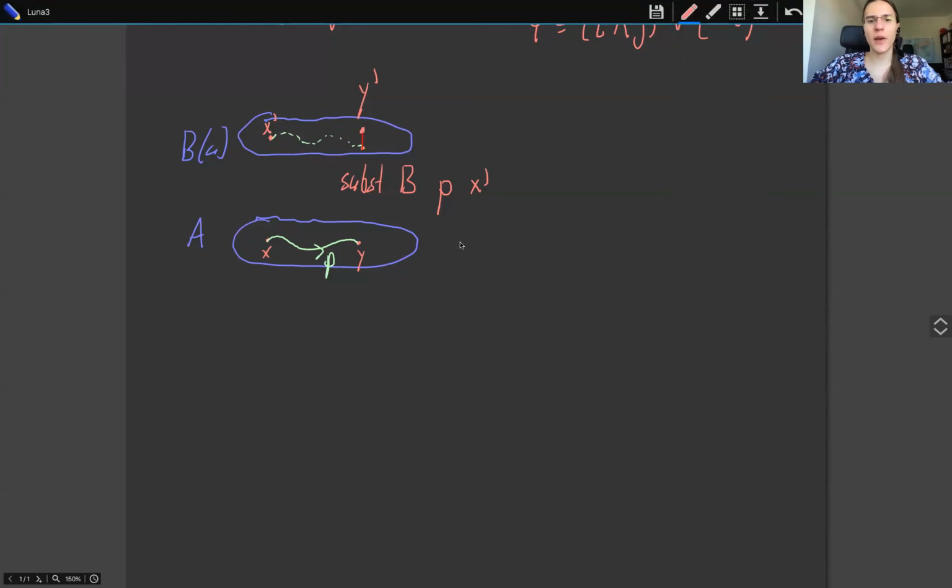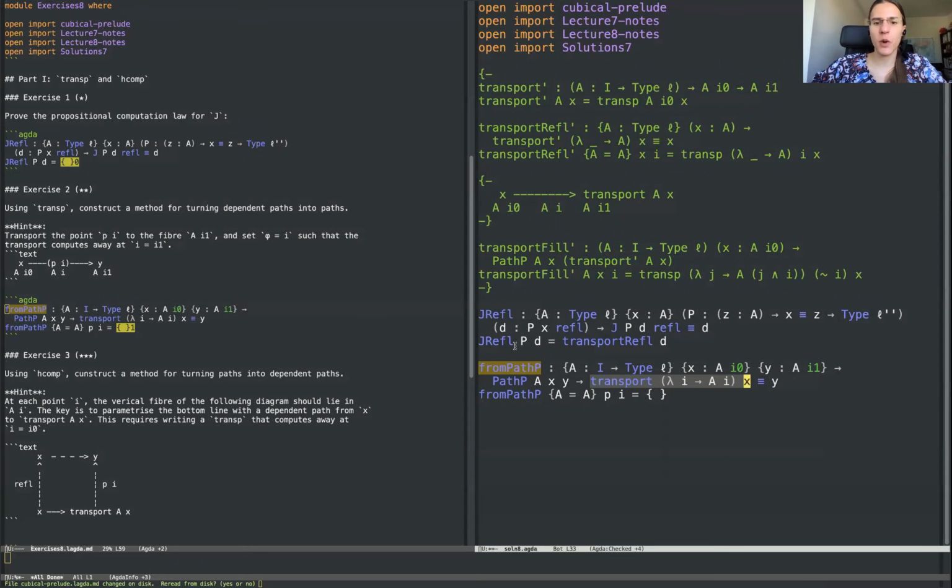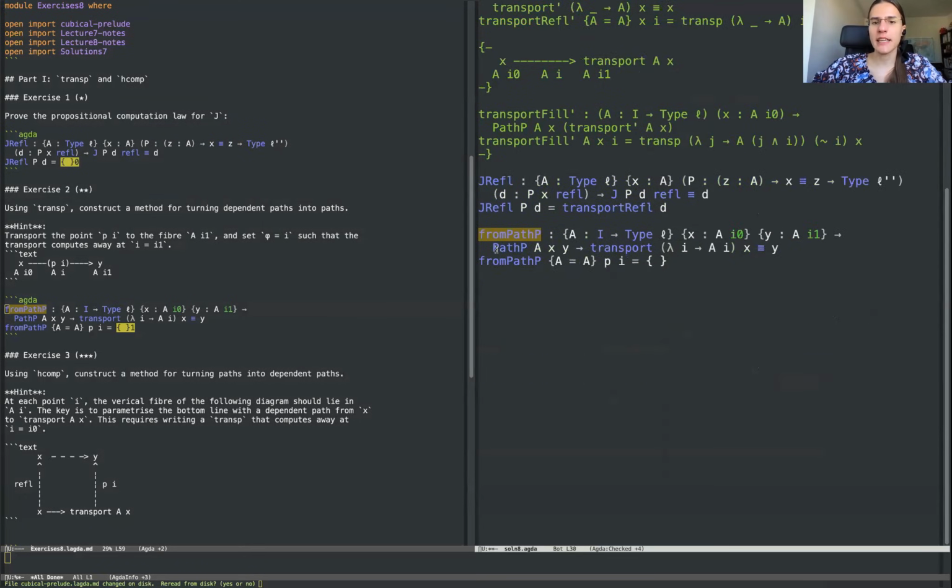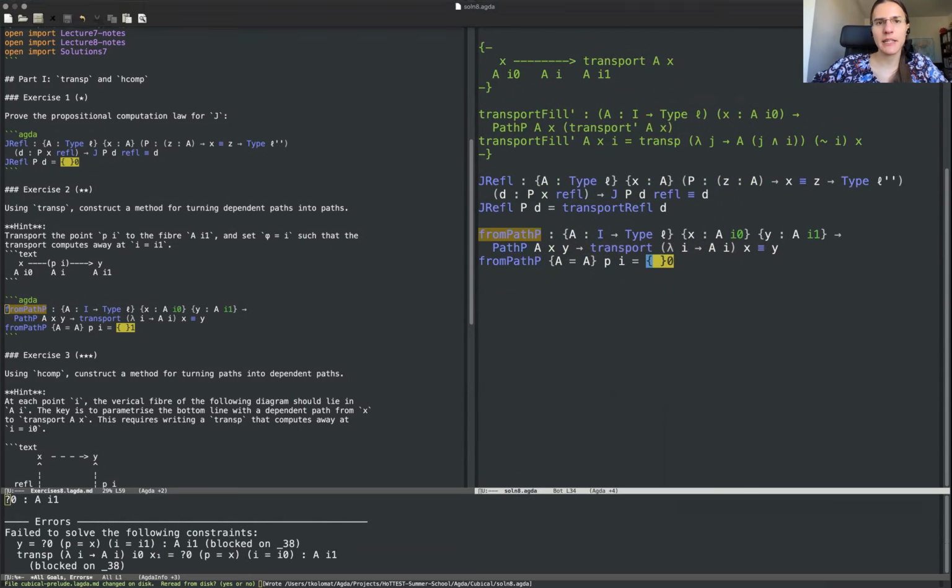The next two exercises define functions that go in both directions. The first one is from path P: given a dependent path, we want the red filler from the transport in A of I from X to Y. And the idea behind this is going to be a bit clever.